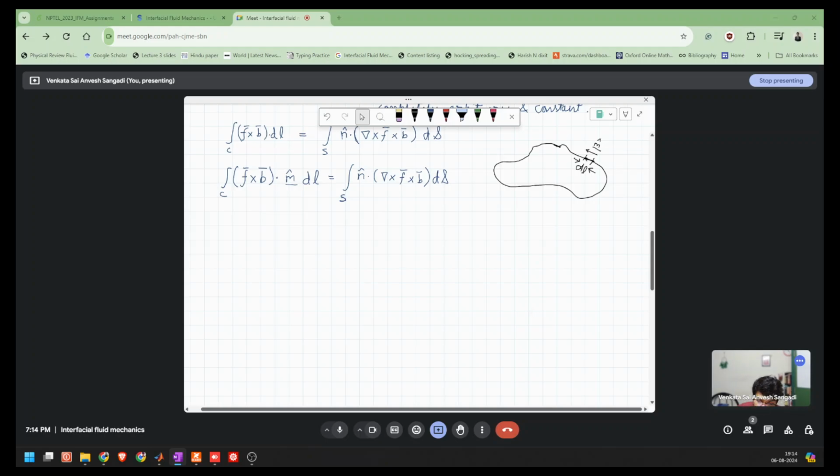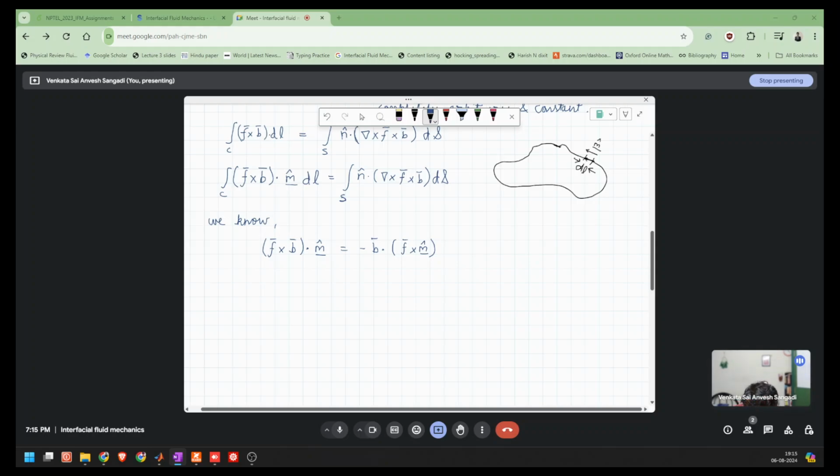Now from vector algebra, we have two specific expressions that we'll use, where we can say f cross b dot m is equal to minus b dot f cross m.